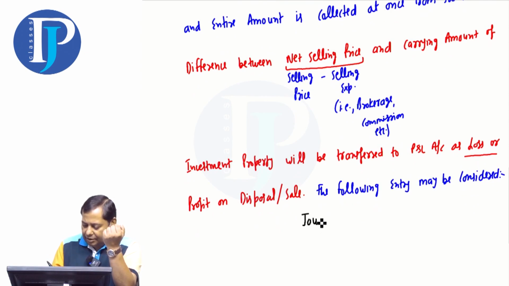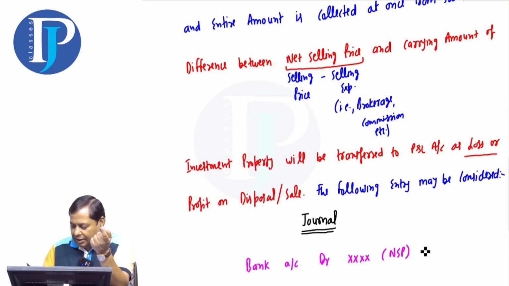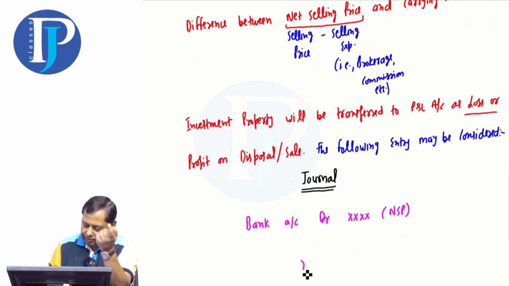If I have to record its journal, I will pass an entry as bank account debit. Bank account debit. This will be the NSP, net selling price. To investment property.